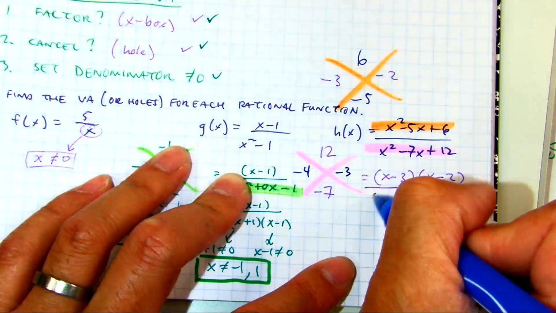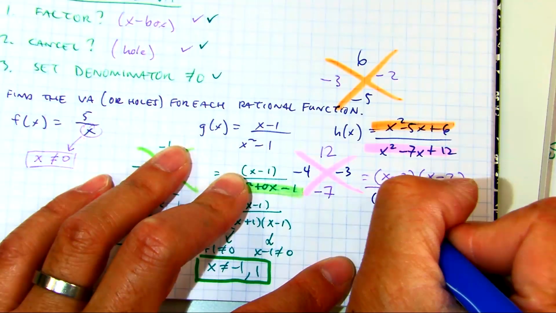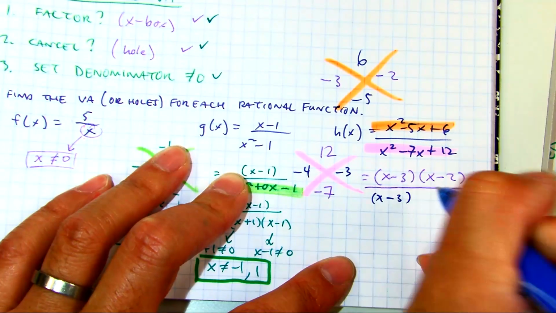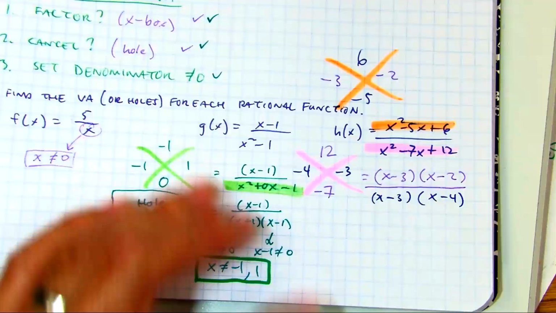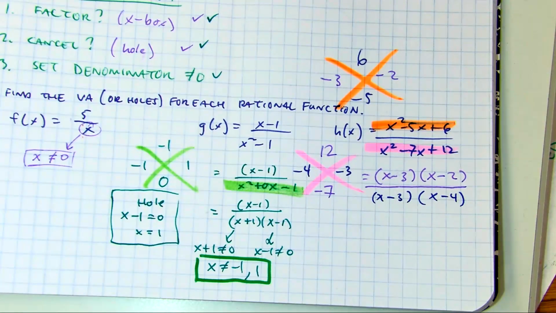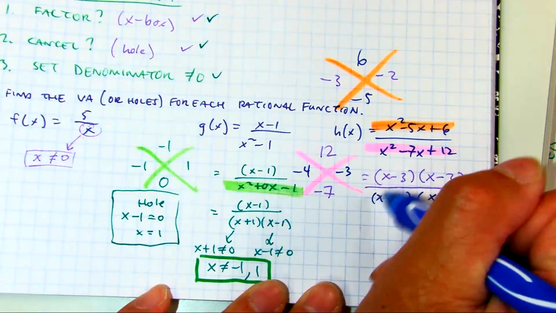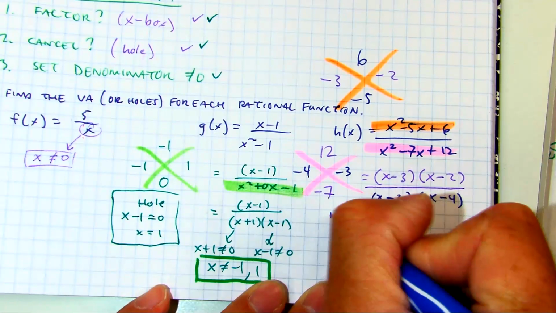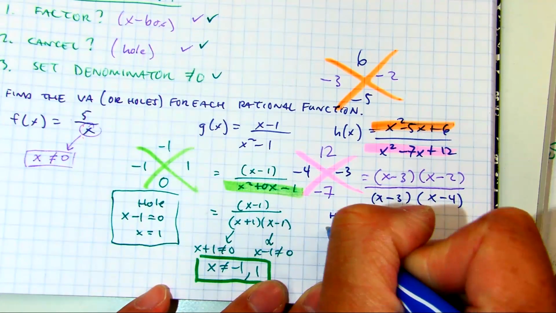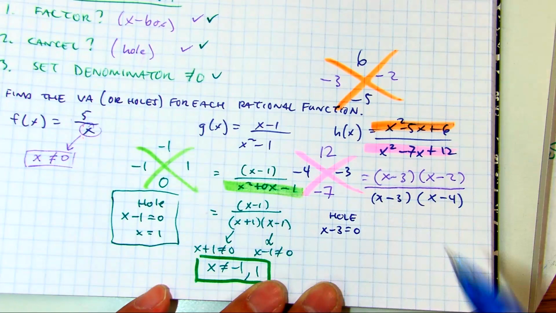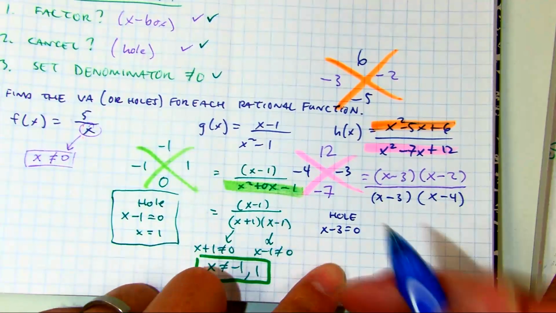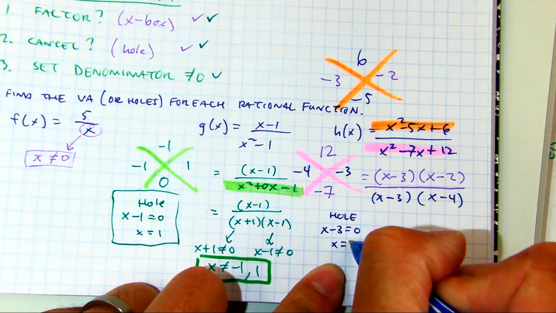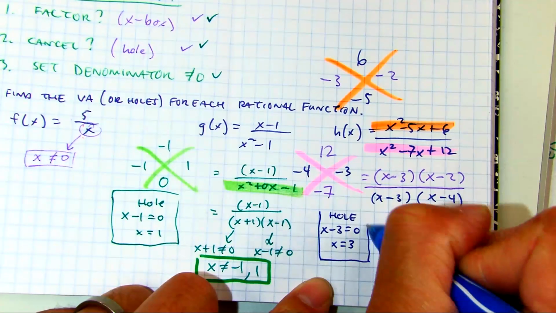I'm not writing the negative 4 first. Why did I do that? Yeah, I want to see the canceling. So if I do the canceling here, this is my hole. I have a hole at x minus 3 equals 0. And then if you solve that, x is equal to what? 3. So I expect a donut hole at x equals 3.